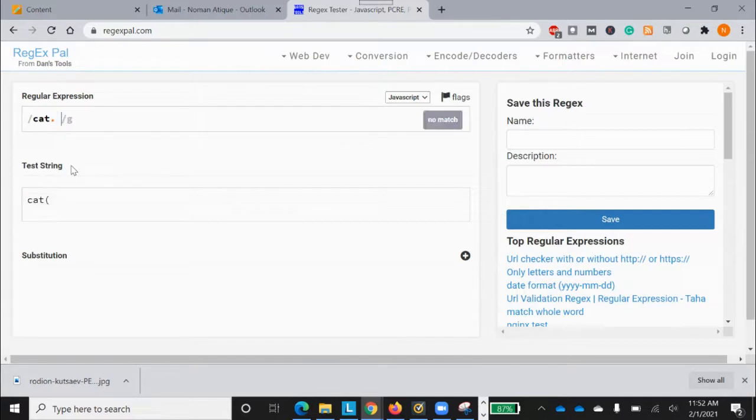So if the cat word is followed by anything at all, if I write dog, if I write cat again, cat is recognized even with the space. I've given one space, so it recognizes the cat. Are you getting that? Or maybe if I write cat bracket sign, cat close bracket, cat ampersand, or anything.